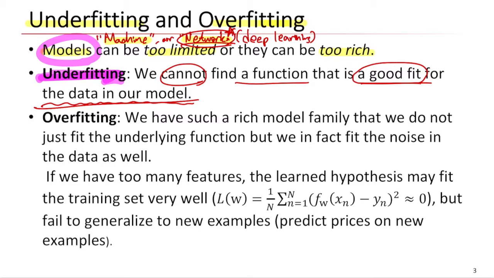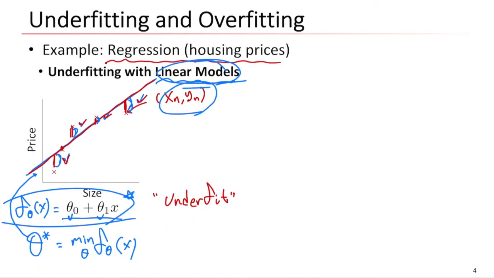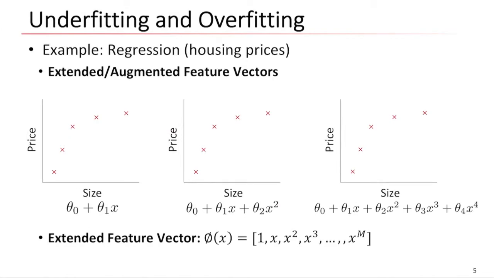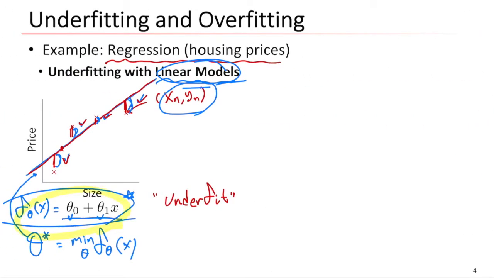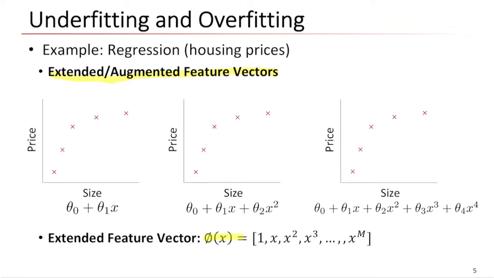So how can we solve this problem? We can use more high dimensional features, or an extended or augmented feature vector. Compared to this example, we can use higher dimensional features like x squared, x to the power 3, something like that.